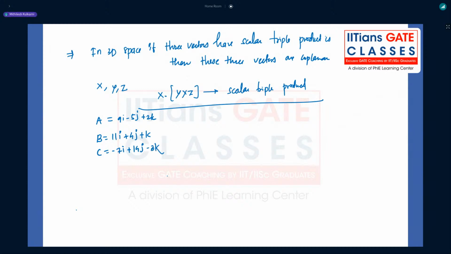So what is the meaning of perpendicular vectors? When two vectors are perpendicular to each other, the angle between them is 90 degrees, right? And the magnitude of the cross product will be equal to the product of their magnitudes, we can say.